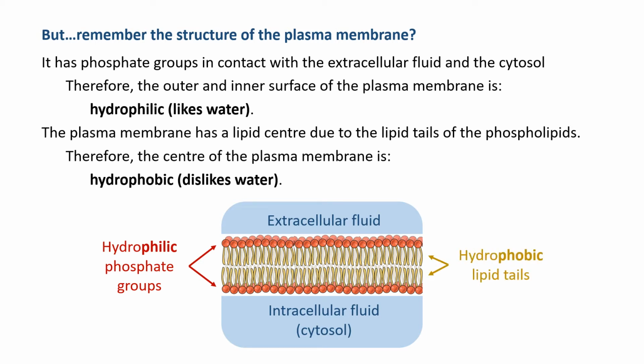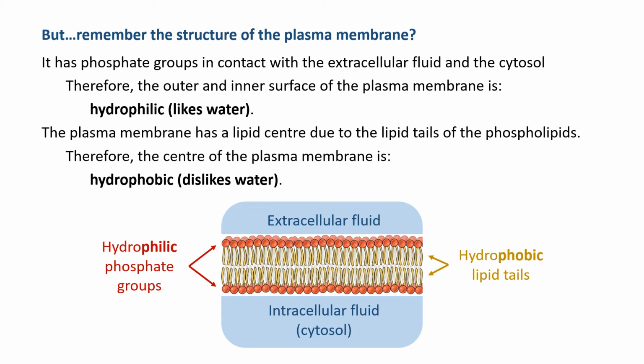However, in the middle between those phosphates, because we've got a phospholipid bilayer, we have this lipid center with the lipid tails hanging into the middle. Therefore, the center of the plasma membrane is hydrophobic. It dislikes water.